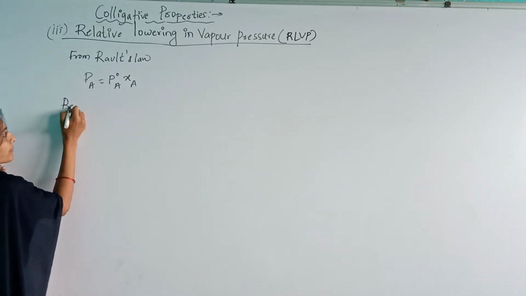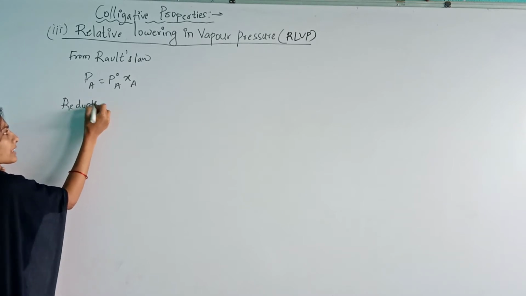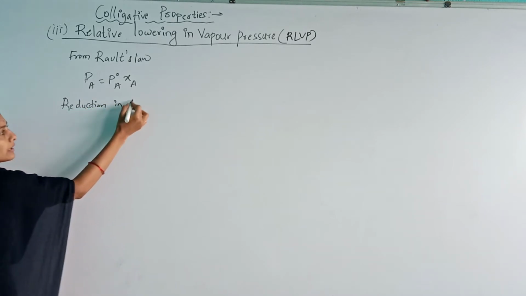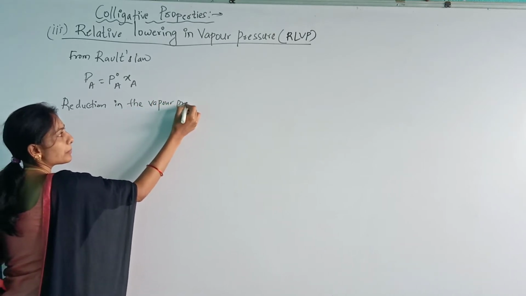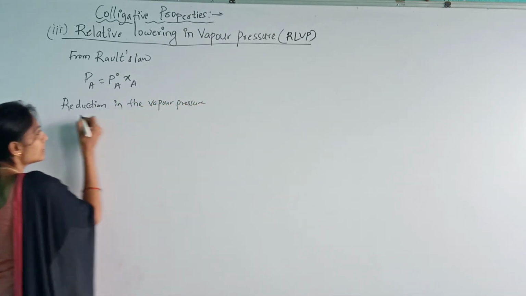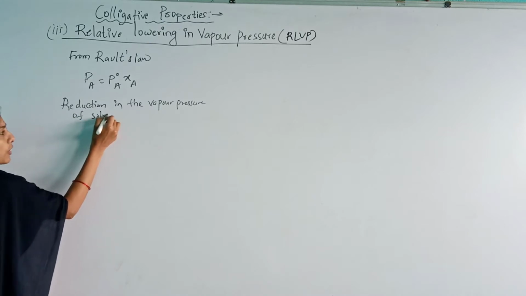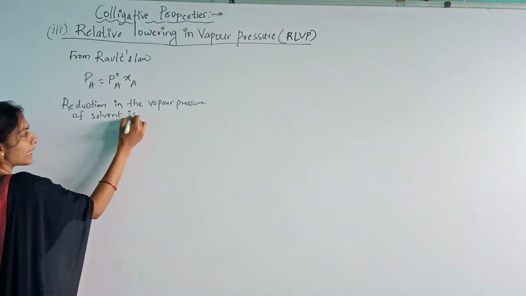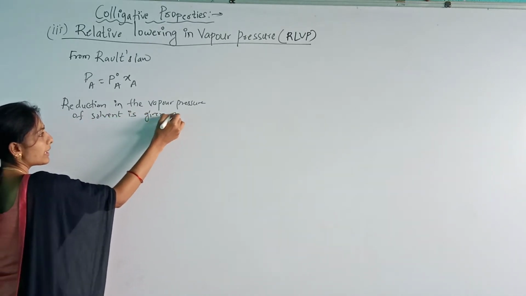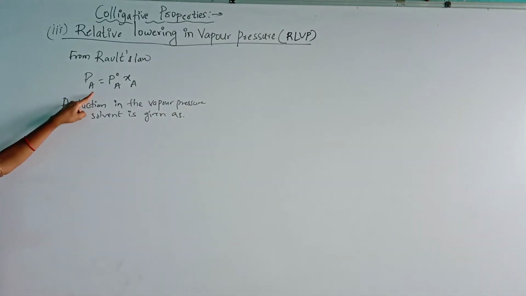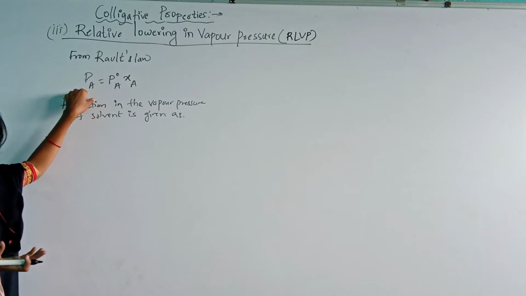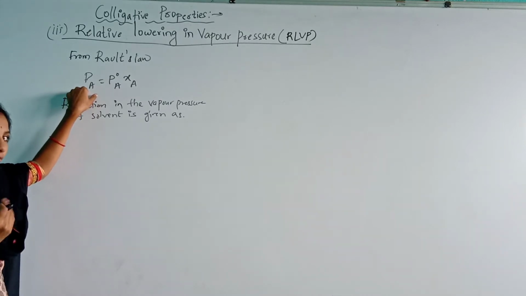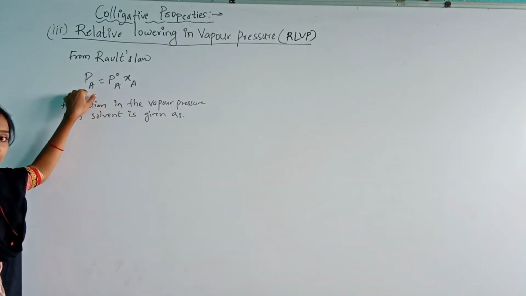From this we can write that the reduction in the vapor pressure of the solvent is given as follows. We consider A as the solvent and B as the solute, just like 1 for solvent and 2 for solute.